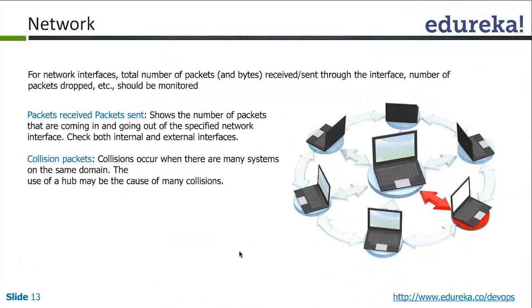Everything is put into a wait state because I still have not received that packet. That is why sometimes you see your wireless going slow and your cable always going fast, because I don't see any kind of interference within the network as such. That's something I wanted to tell you on the network front.